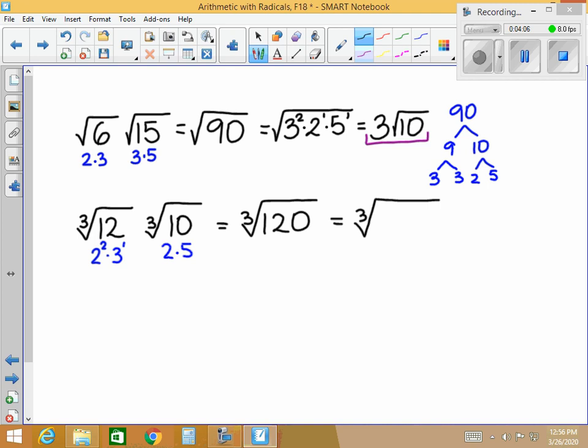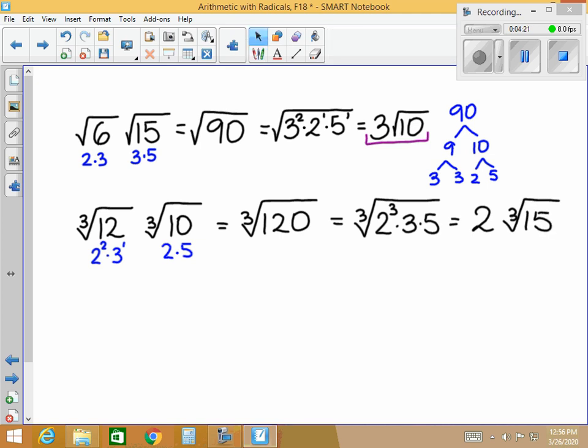And saying, well, if I put all those pieces together, it looks like I have 3 2's all together, 2 from one and 1 from the other. And I have a 3 and I have a 5. So my 2 could come out, and 3 times 5 is 15 left underneath.